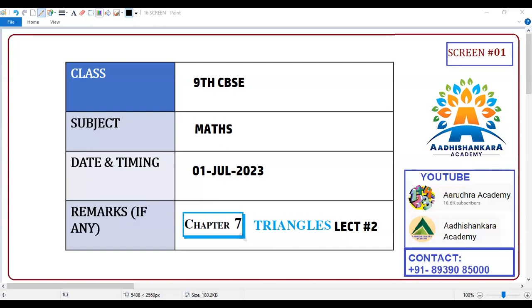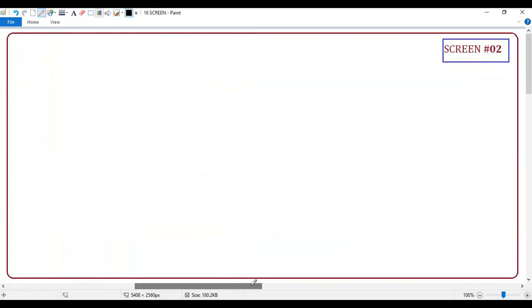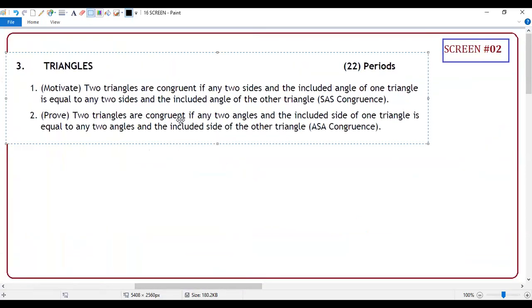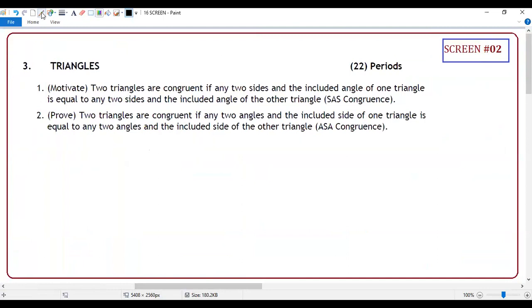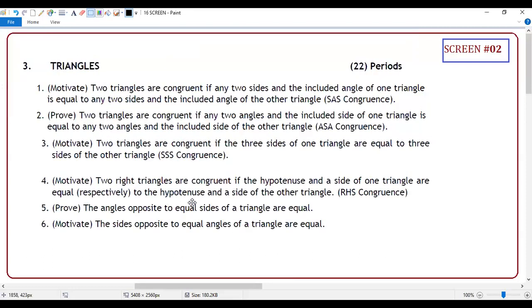I'll just copy paste your syllabus. Yes, this is your syllabus.